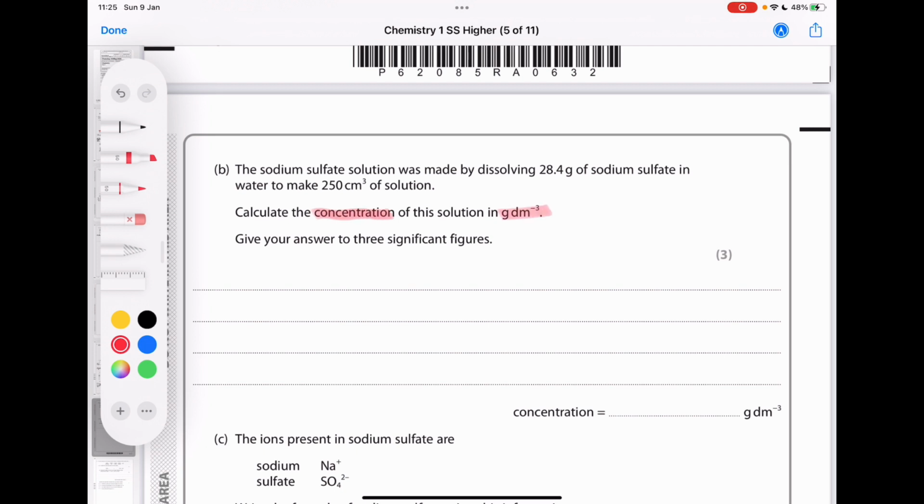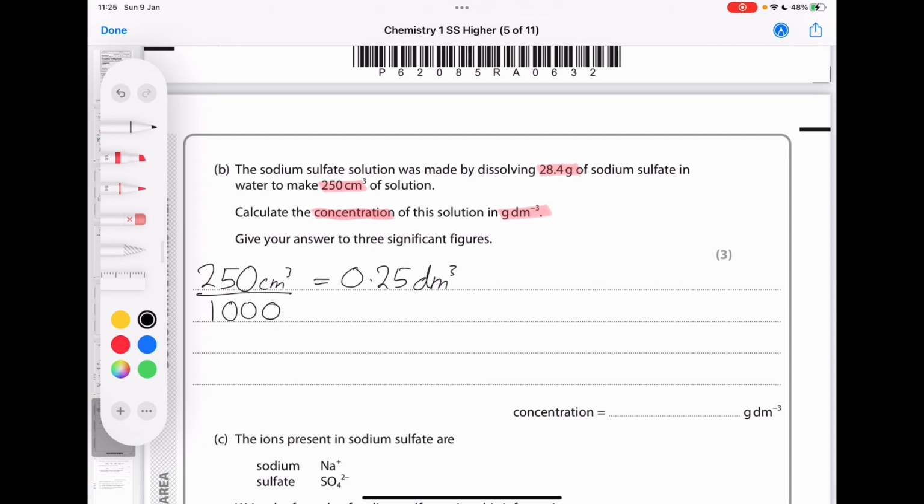Question B is asking about calculating a concentration in grams per decimetre cubed, and I've been given a mass in grams and a volume in centimetres cubed. Two ways of doing this, either way works. The first way is to convert my 250 centimetres cubed into decimetres cubed by dividing by 1000, which gives me 0.25 decimetres cubed.